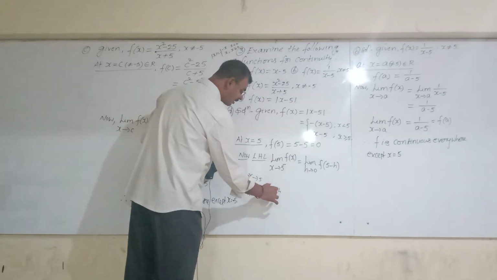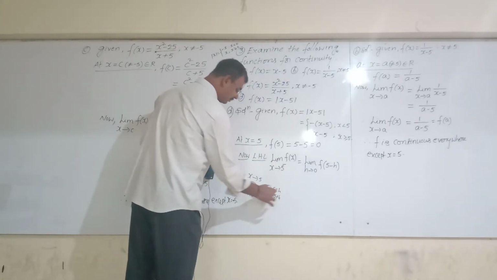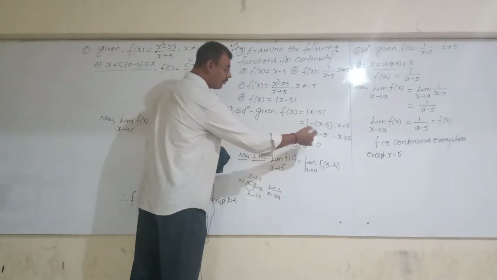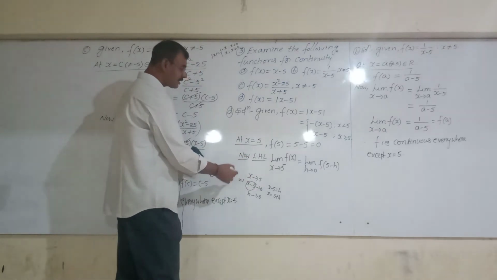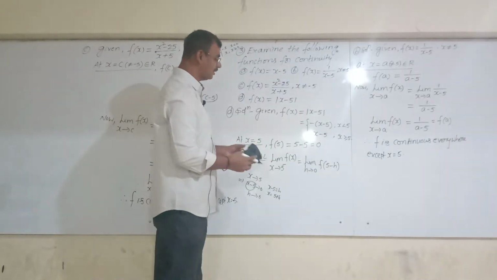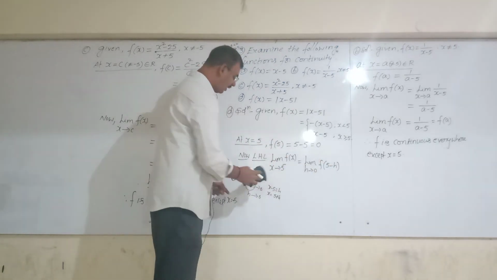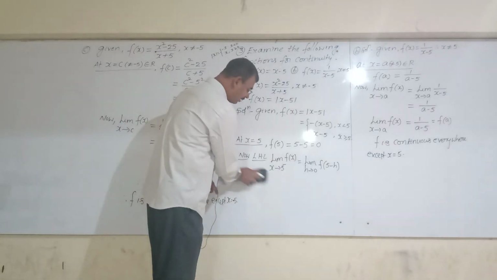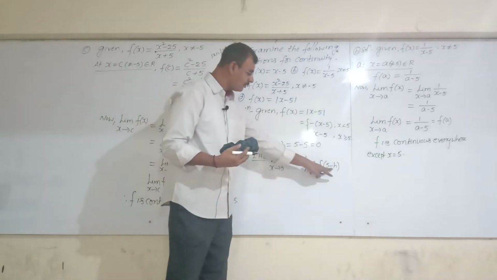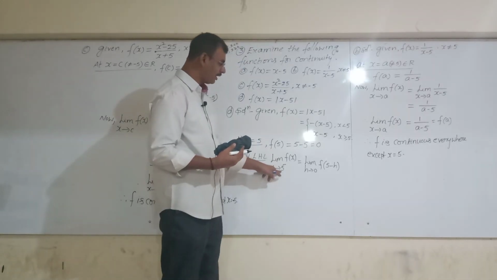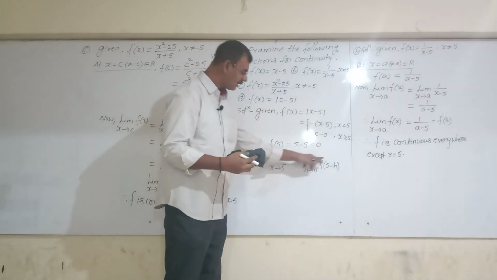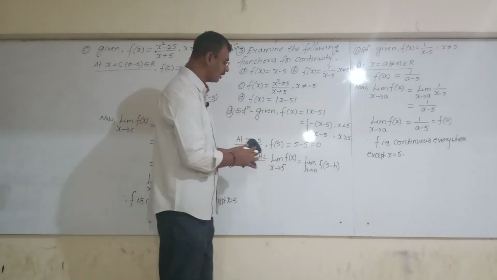That is h plus 5. If you take minus, 5 minus h; if you take plus, 5 plus h. So 5 minus h means what? It is smaller than 5, clearly. So this is the limit concept. 5 minus means smaller than 5. This is also smaller than 5.